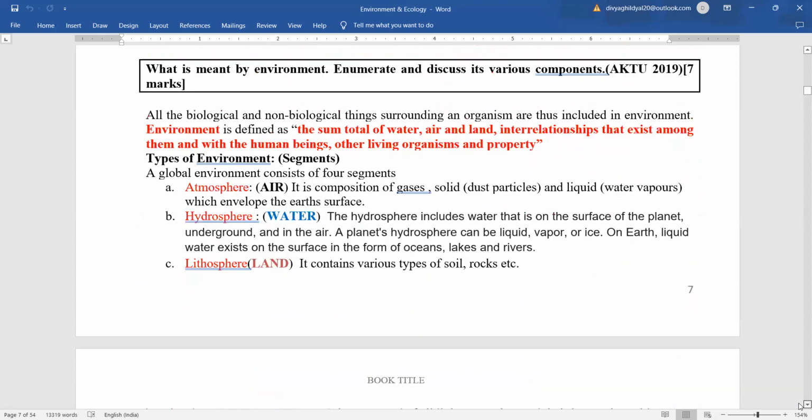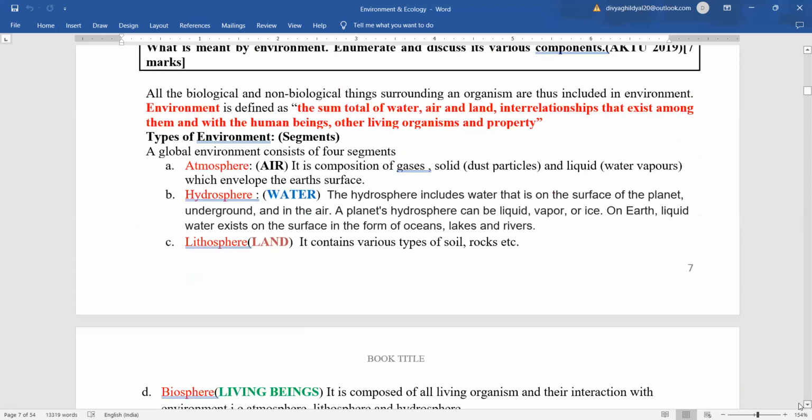So the basic types or segments of environment are, first, the atmosphere, which is basically the gases encircling the earth. A for atmosphere, A for air, consists of gases, dust particles, water vapor, etc., which are circling the earth. Hydrosphere, consisting of water.